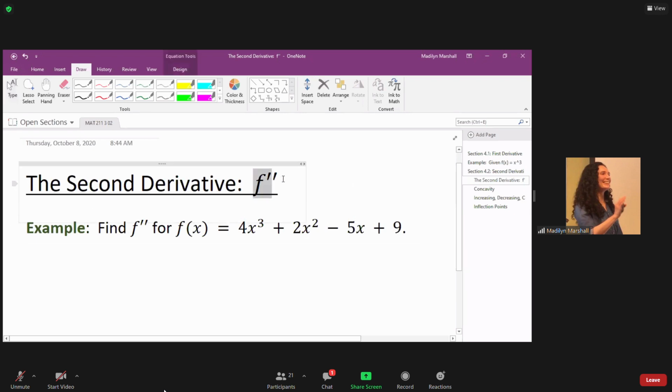Okay, so the second derivative, which is referred to as f double prime, that's how we read this.